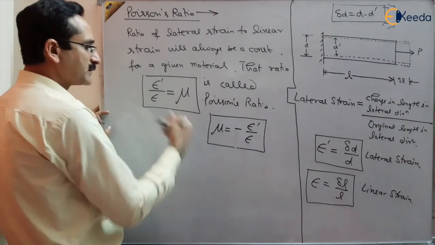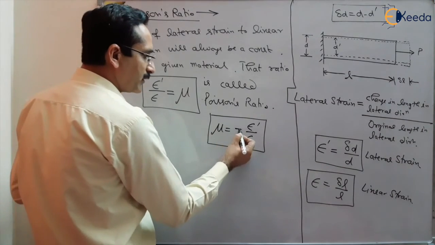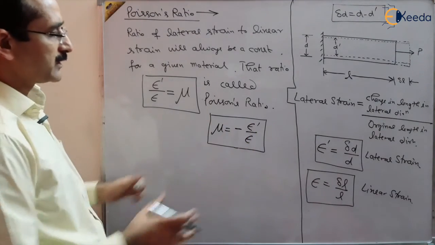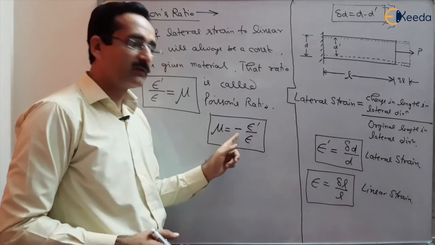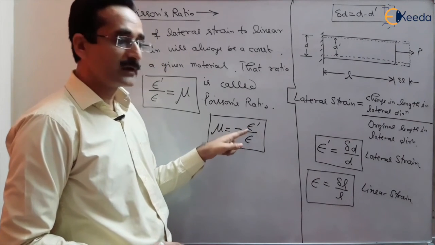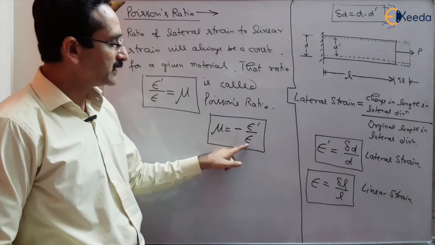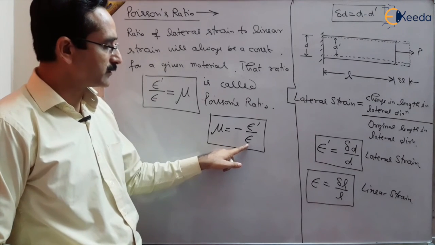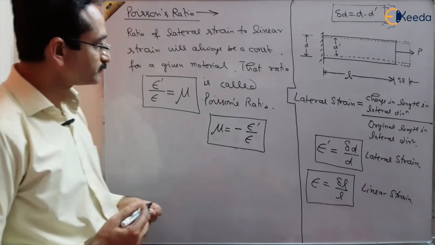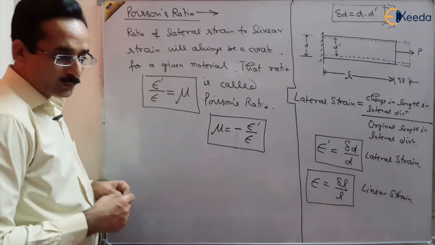In most of the cases we skip this negative sign because it is obvious, but in numerical calculation we will use the negative sign to show that in lateral direction there is decrease in dimensions if there is increase in dimension in linear direction, or the case may be opposite. So this is the Poisson's ratio.